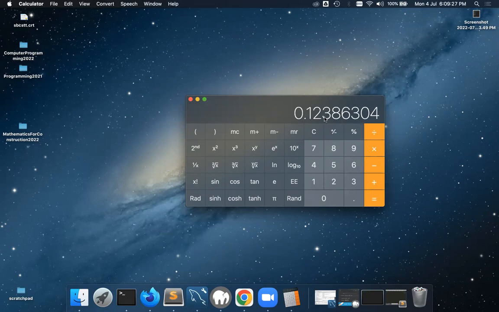So we can give our answers to 3 decimal places. So that's 0.124.